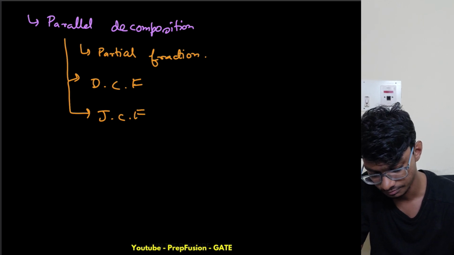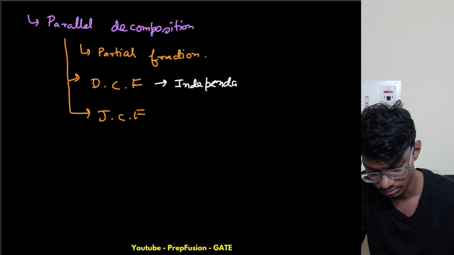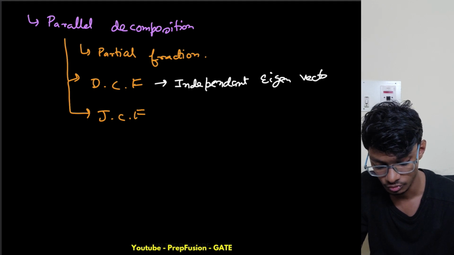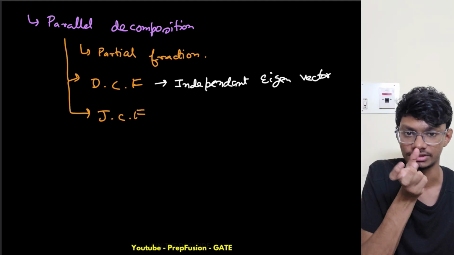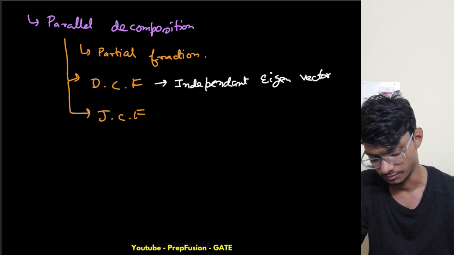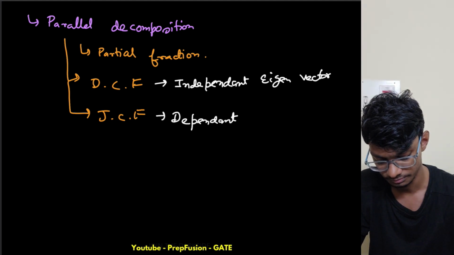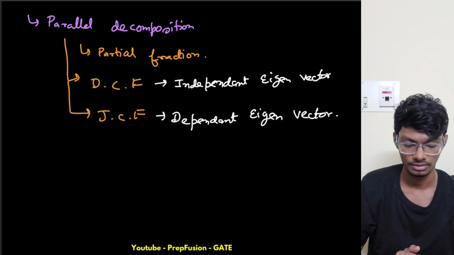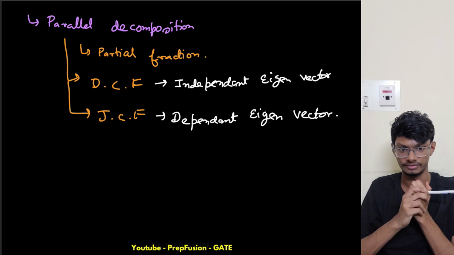DCF is for independent eigenvectors. I hope you remember that even though we have independent eigenvectors, the eigenvalues can be the same; the scaling factor can be the same. And JCF is for dependent eigenvectors. If they are dependent, there will be repeated eigenvalues basically.